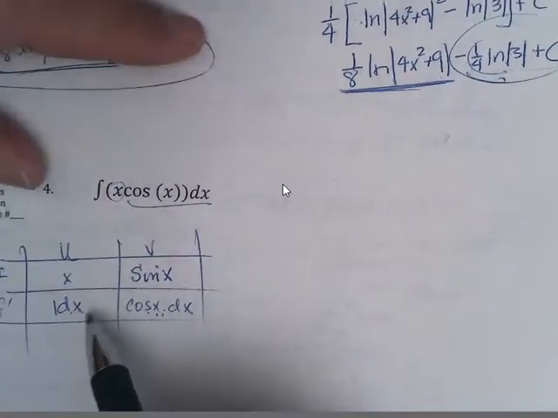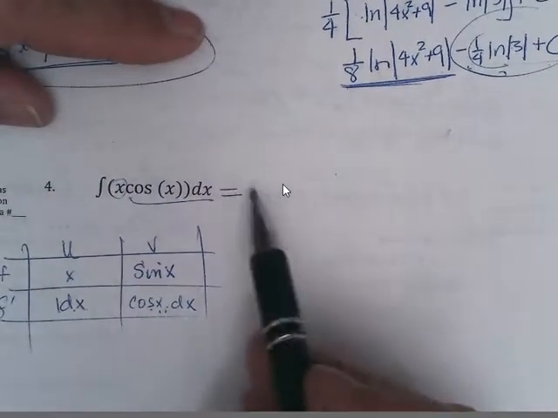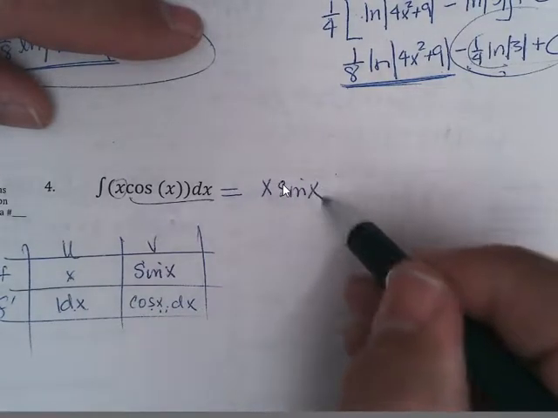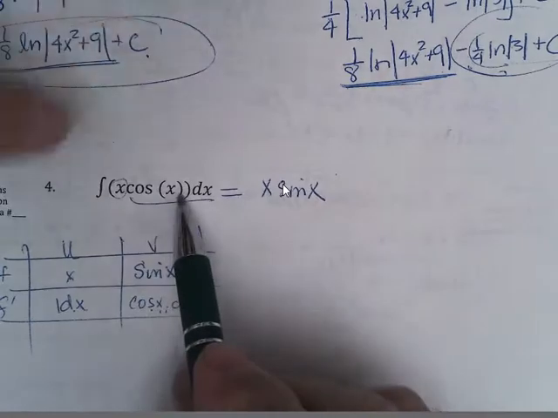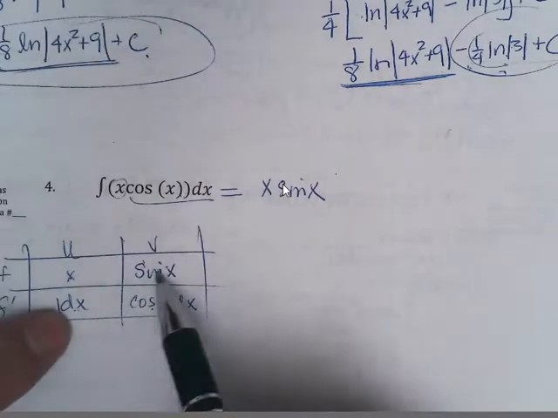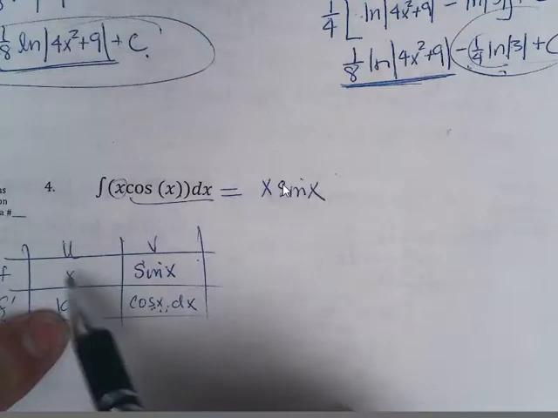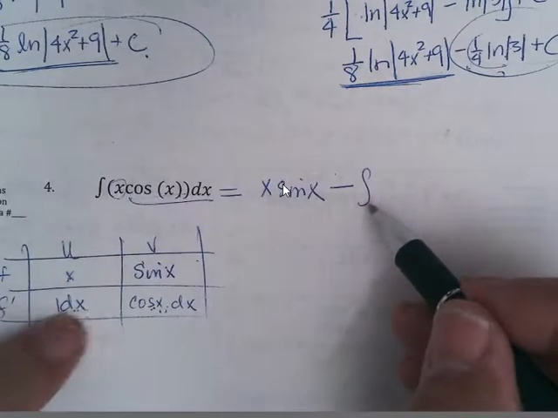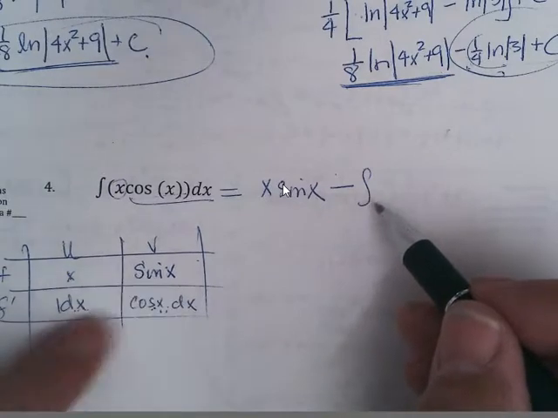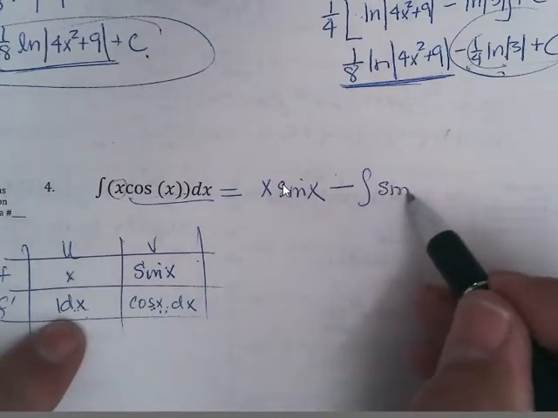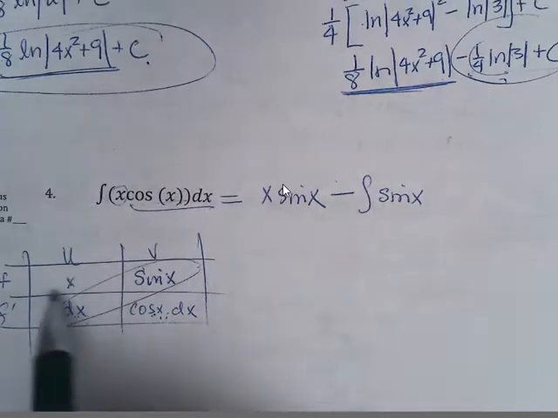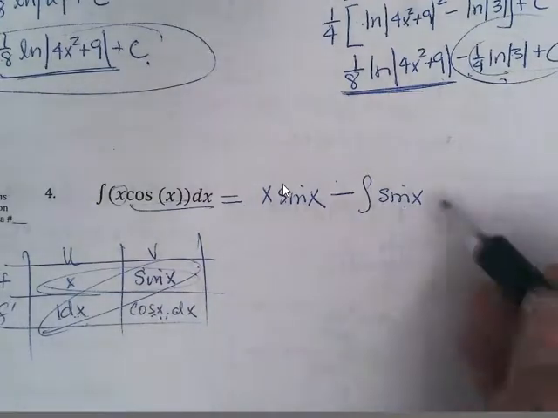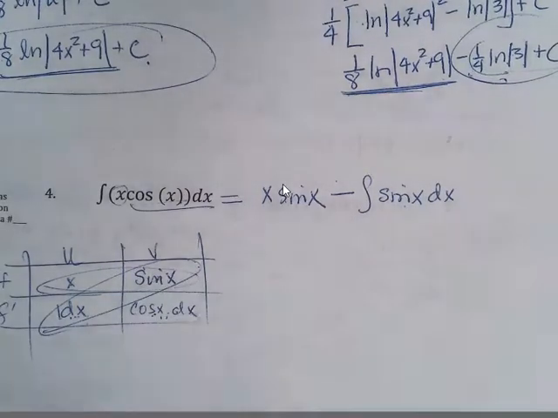And the product rule says the derivative of a product, x sine x, is the derivative of the first times the second plus the derivative of the second times the first. And so we've got derivative of the second times the first here, so we got to subtract the integral of the derivative of the first times the second, which should be sine x. Or, as I've said before, since we set these up, it's the other diagonal that goes here, the dx times sine x.